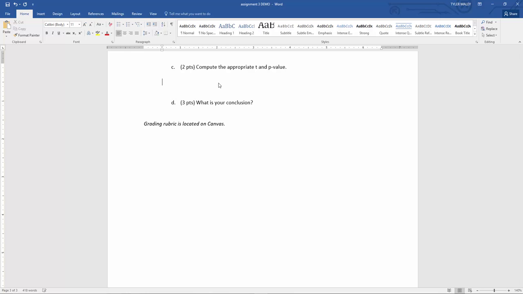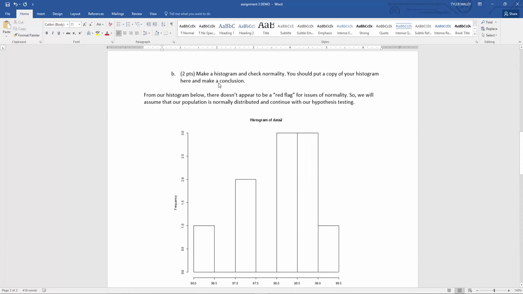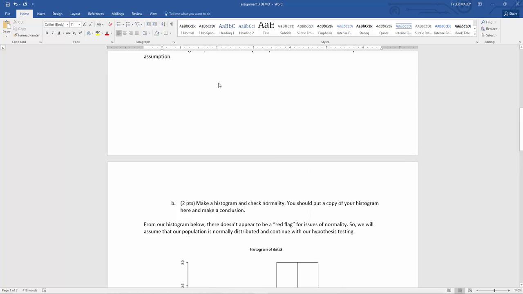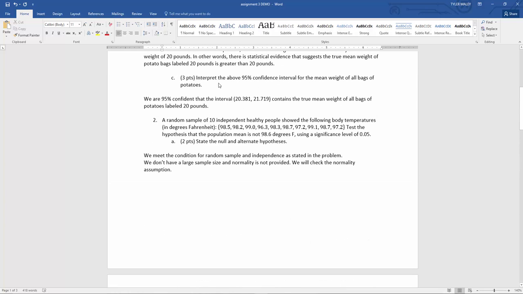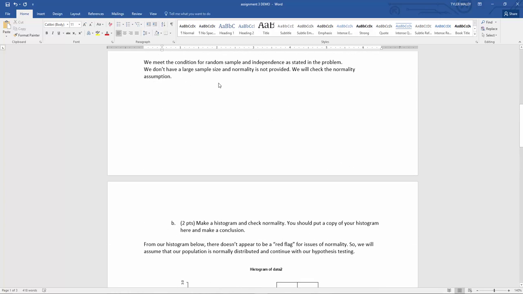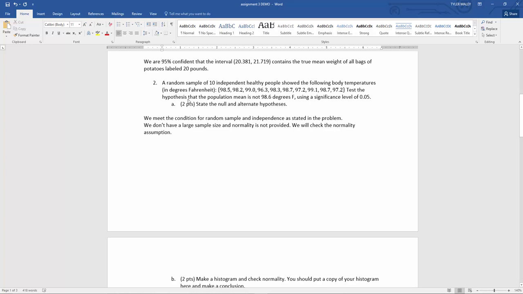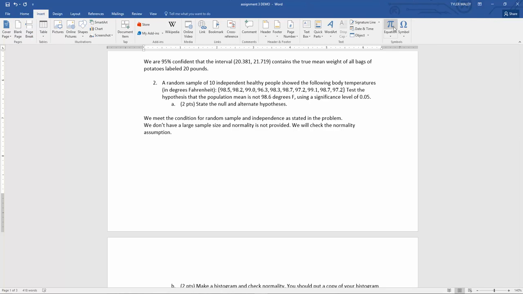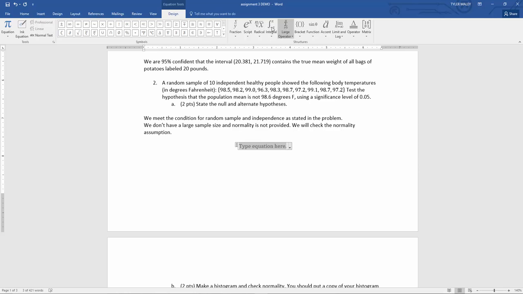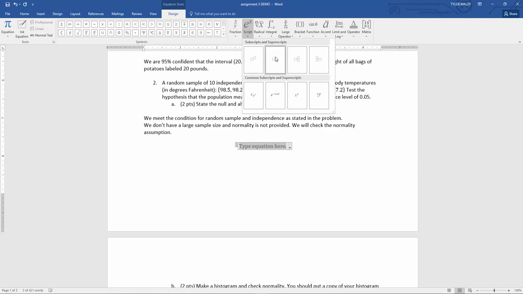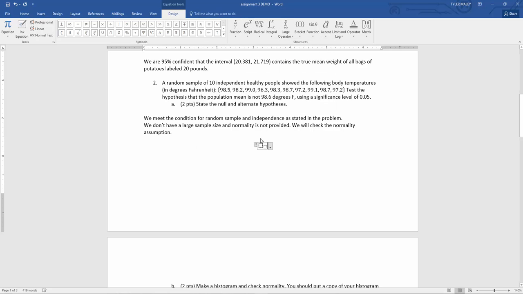So now, let's see, did I miss something? Oh, we forgot to state the null and alternate hypothesis. So part A. To do this, we can go to Insert, Equation, and go to Script, and we want this one with a subscript. So we do H, and you can type in 0 for the null.